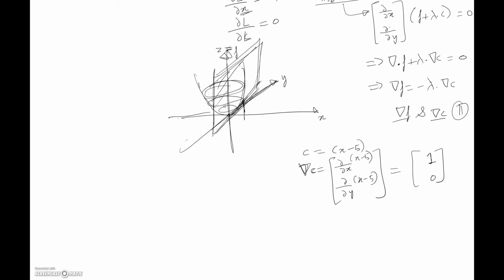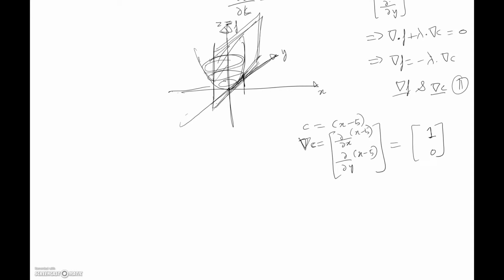If you are against the gradient, you are decreasing the function. But if you are perpendicular to the gradient at a given point, you are not changing the function at all. So if you move perpendicular to del f, you don't change f. If you move perpendicular to del c at a given point, you don't change c, at least locally.